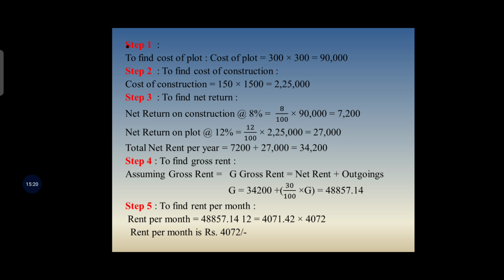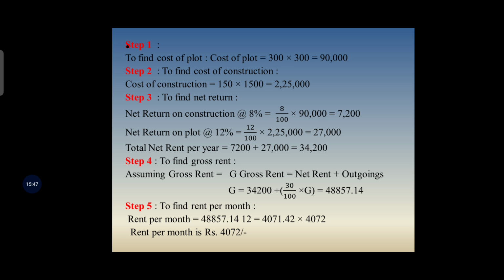That is 34,200. Now we find the total gross rent. The annual gross rent G is equal to net rent plus outgoings. So the value of gross rent we put, and 30%, the last sum we calculate same as we put here for finding the G, gross rent.